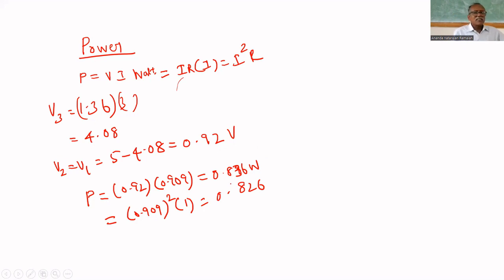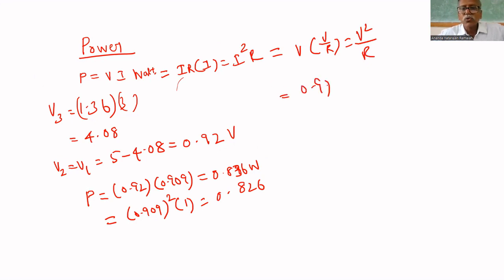Suppose you know V, then you replace I: V into I equal to, by Ohm's law, I equal to V by R. That is equal to V square divided by R. V also we know, 0.92. Therefore, 0.92 whole square divided by R, 1 ohm.